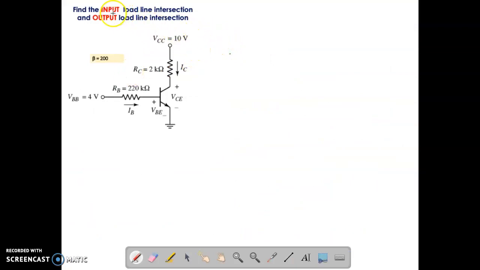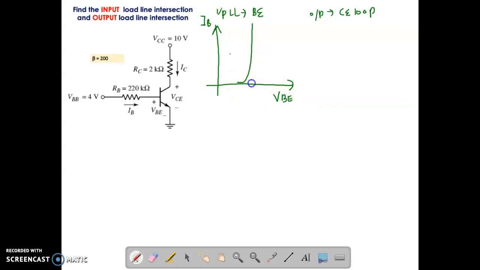Okay, so let's do one example of the question. The question will say find the input and output load line. The input load line we refer to the BE loop, and the output load line refers to the CE loop. When talking about load line, we need to have a graph, so the question will attach a graph. For the input load line, here is your IB, it's a diode, BE, so the graph will look like this, with V gamma.